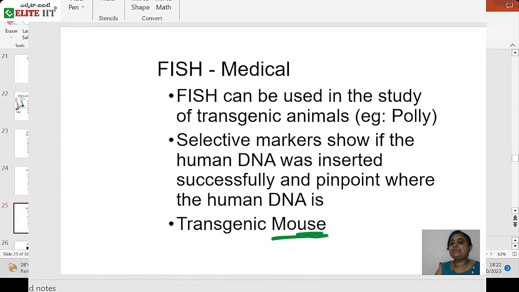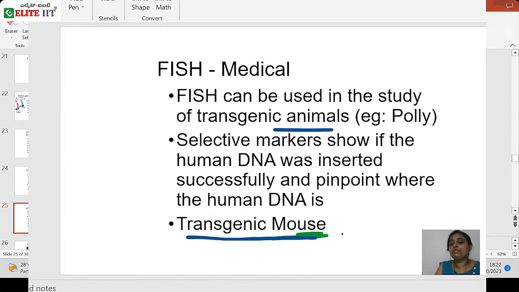Now, FISH can be used in the study of transgenic animals. Transgenic animals, mainly you can consider recombinant animals. If you are taking a gene from human and inserting it in a mouse, and expression is happening, that is known as a transgenic mouse.